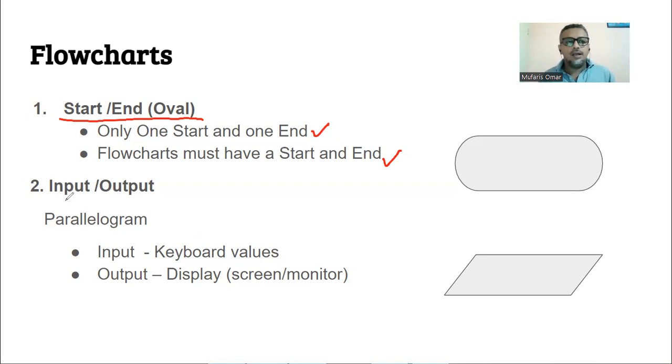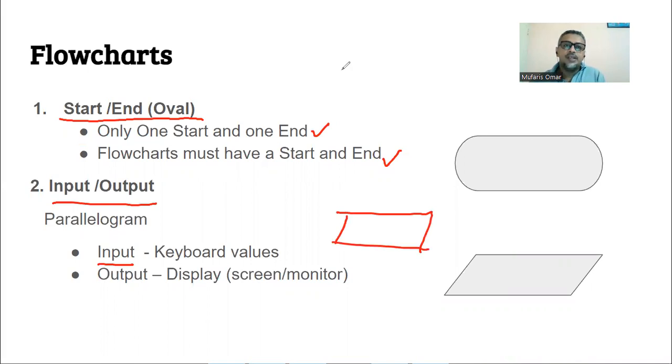Then the second one: to represent or enter data using the keyboard or any other input device, we use the parallelogram. You draw the parallelogram like this. So for input or keyboard values, use the parallelogram, or for the output also, the displays.